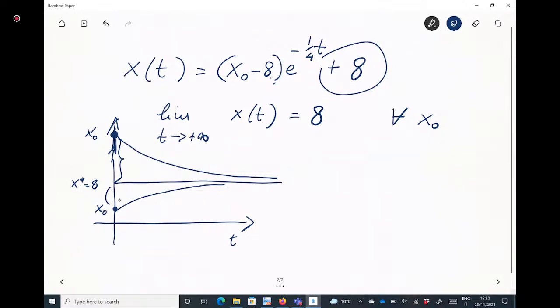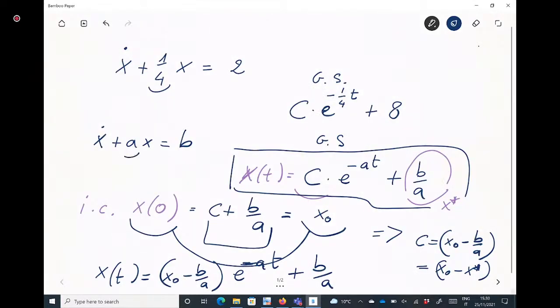What is the main feature that causes this long-run outcome? The main feature is the fact that this coefficient is minus 1/4 t. So the main feature is that parameter a in the original equation that appears here is positive, okay? If it is positive, it appears with a negative sign in the solution, and this is what makes this term disappear in the long run, okay?